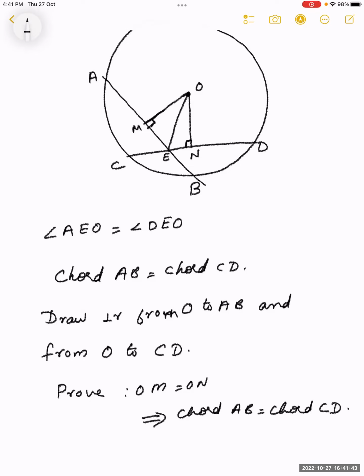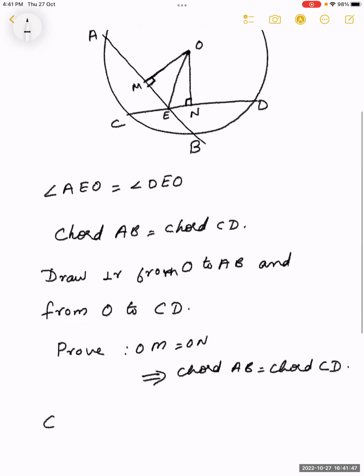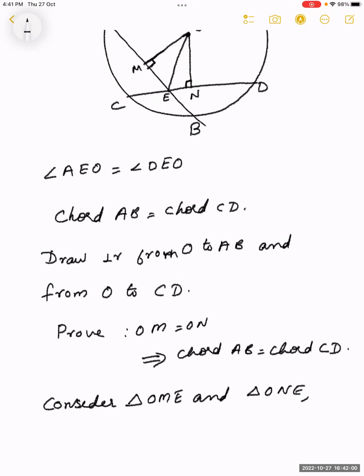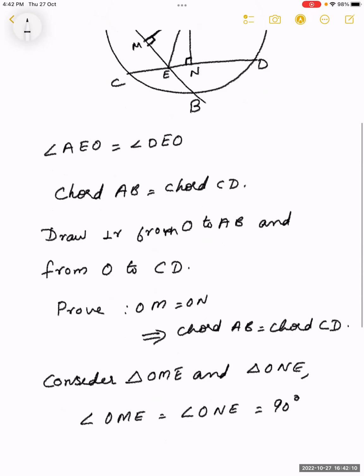OME and ONE. That's correct. So we will write: consider triangle OME and triangle ONE. Here what all things are equal? Angle OME equal to angle ONE equal to 90 degrees.